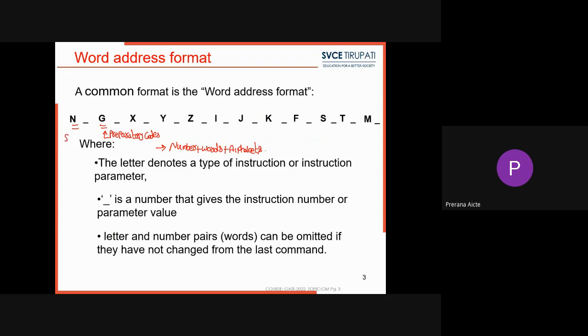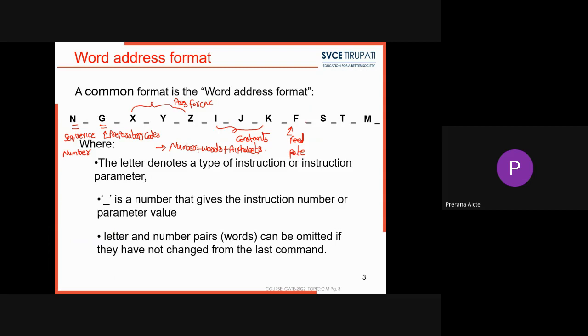Then X, Y, Z. These three represent the axes for CNC. Next, I, J, K. These three are nothing but constants. Then comes the F code, which represents the feed rate.